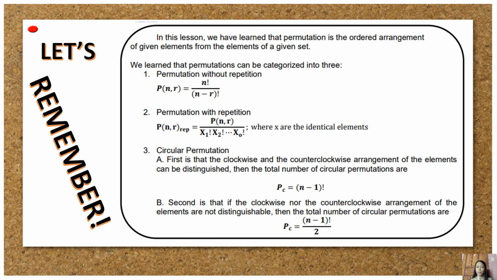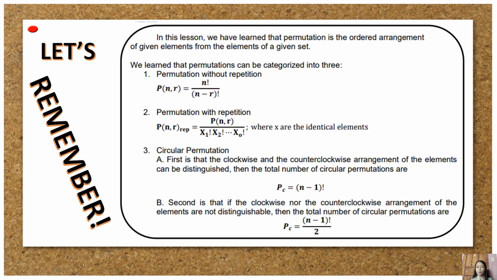Third, circular permutation. Yung una, if the given objects are distinguishable by counterclockwise or clockwise direction or arrangement, the total number of circular permutations is the quantity n minus 1 factorial.